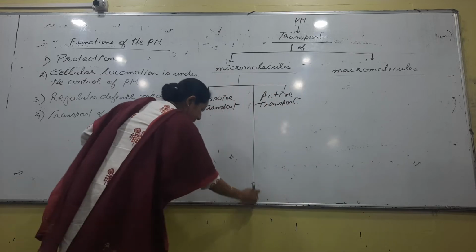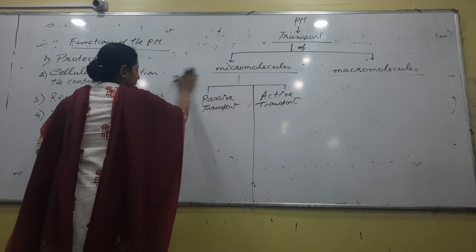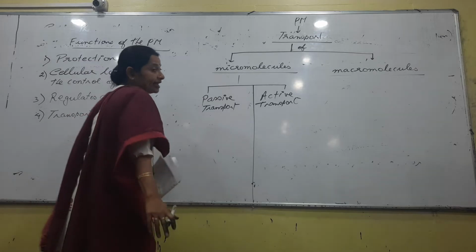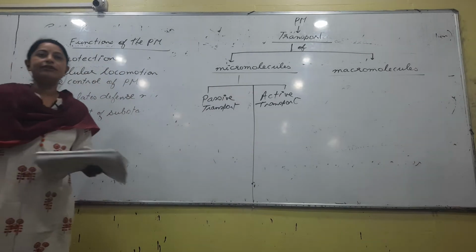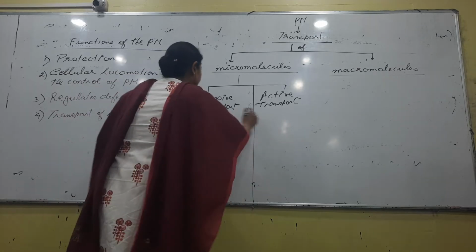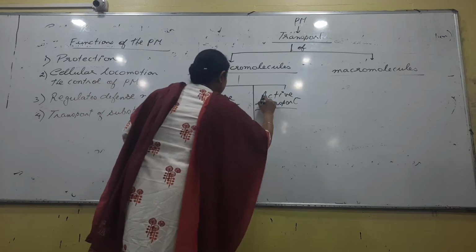What is the basic difference? Last class I told you whether ATP is used or not. If extra ATP is used during the transport, it is called active. If the transport occurs without the use of ATP, that is called passive.